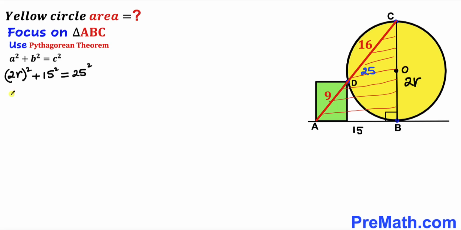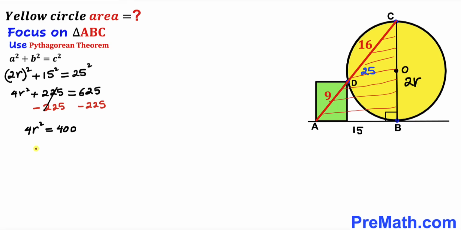Let's simplify. That gives us 4r square plus 225 equals 625 on the right hand side. Now we are going to subtract 225 from both sides, and they cancel each other out. So we get 4r square equals 400.